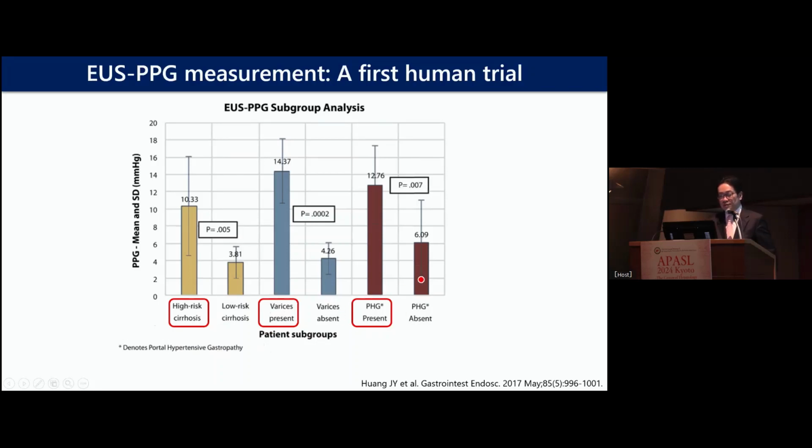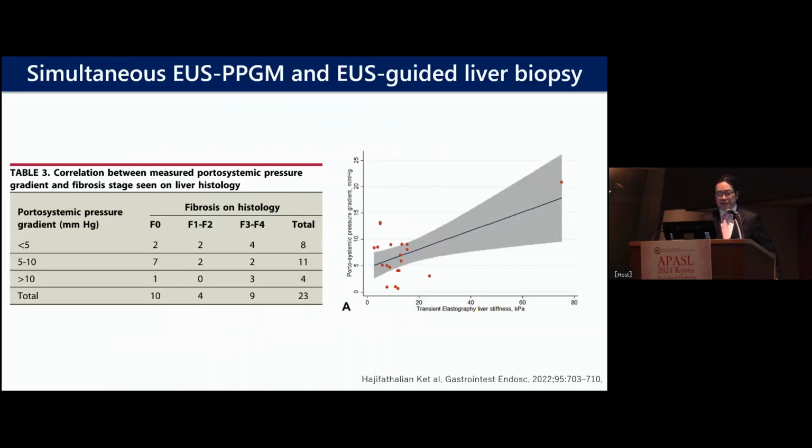There are so many trials after this pilot study. And this is a recent study. They performed simultaneous EUS guided portal pressure gradient measurement, and also EUS guided liver biopsy. Interestingly, there is no good correlation between the portal systemic pressure gradient, which means the EUS guided PPGM, and fibrosis on the histology from the EUS guided liver biopsy.